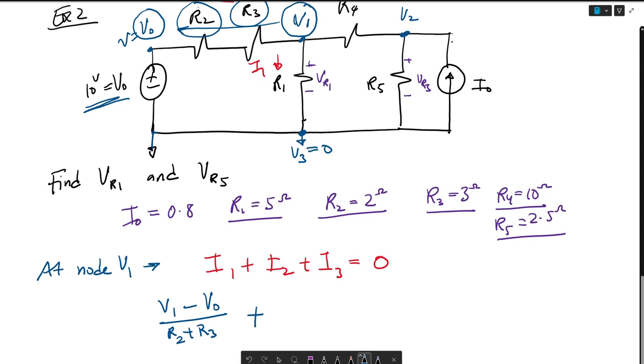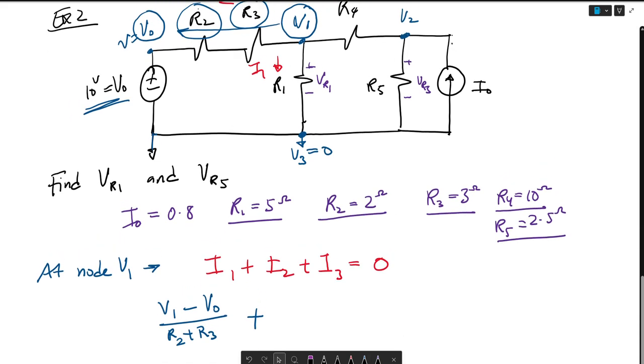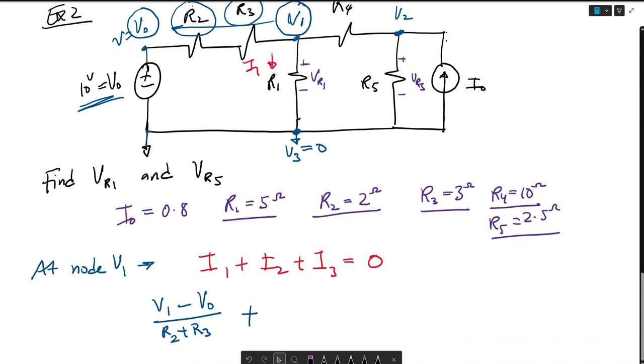And then I add a plus. The convenience of this method is you don't deal with any minuses when you're dealing with the voltages, only with the currents coming in, as we'll see for node V2.